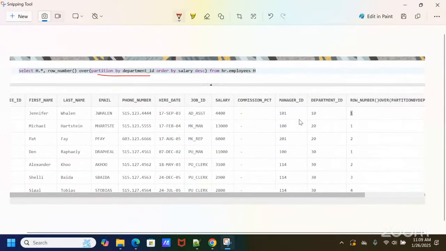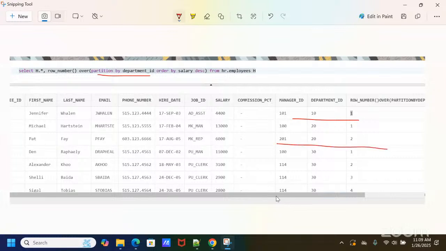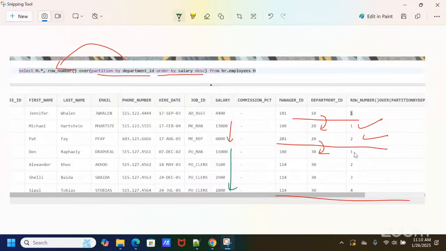Boundary is this. Department ID 10, 20, 30. Boundary change. Start again. What start again? First order by salary, arrange the data by their salary, and then give a numbering at the end. You are number one, you are number two. Boundary change. Start again. 30, arrange the data. You are number one, you are number two, you are number three, you are number four.